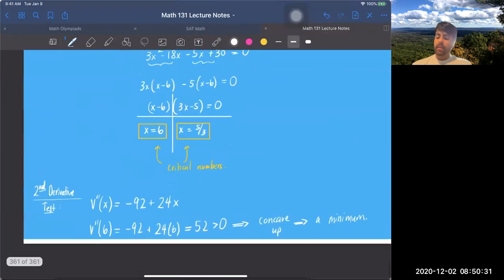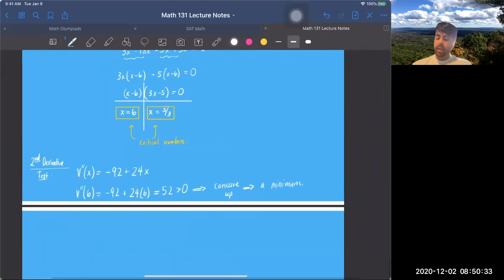So obviously, if I were to put the other critical number in, I would get a negative. But just to make sure no funny business is going on, I get negative 92. The 3 goes into 24. 8 times 5 is 40. And negative 92 plus 40 is negative 52 instead. And this is negative.